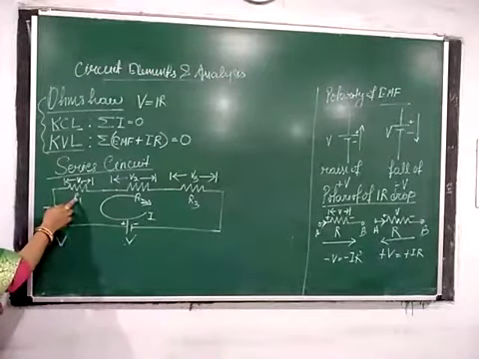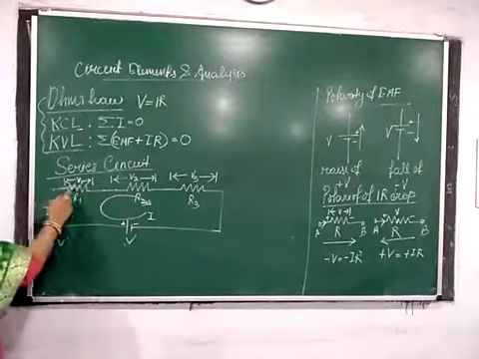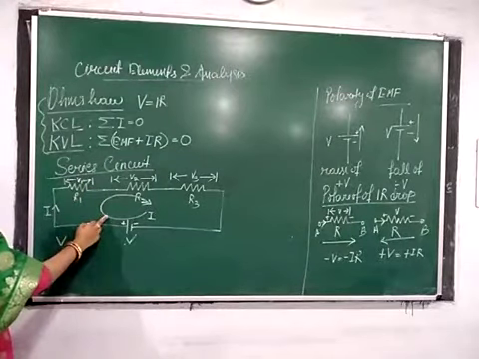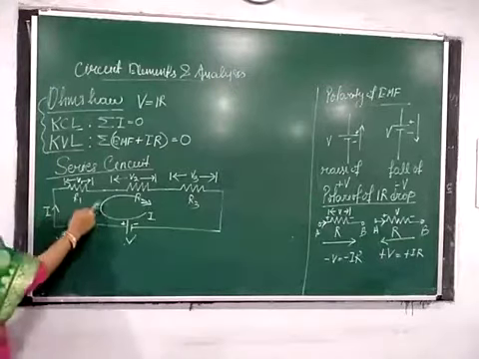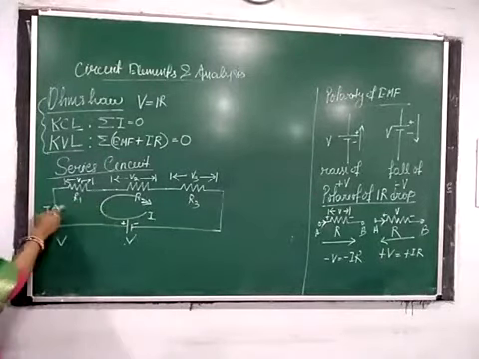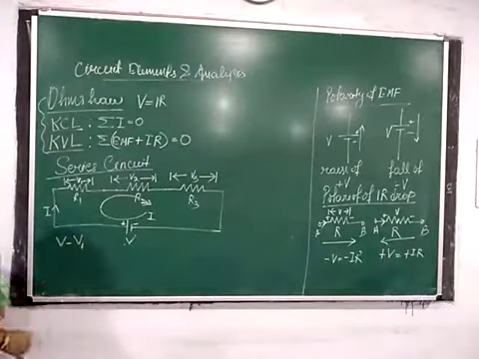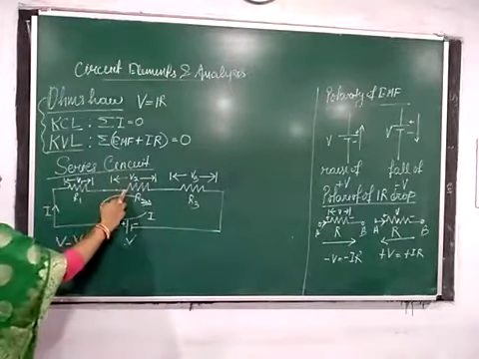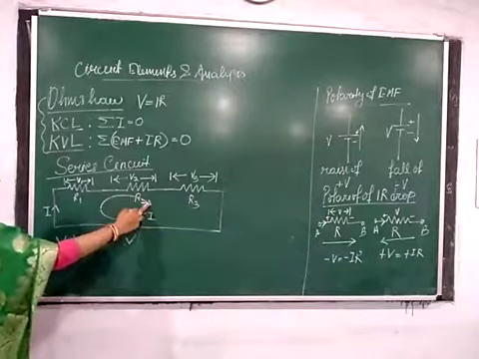Then come to the polarity of V1. The actual branch current is in the forward direction and the motion of the loop current is also forward, in the same direction, so the polarity of V1 is minus. Similarly for V2, the branch current is forward and the loop current you assumed is in the same direction.